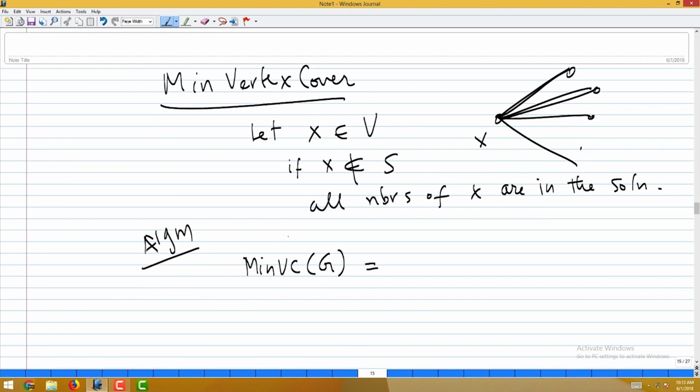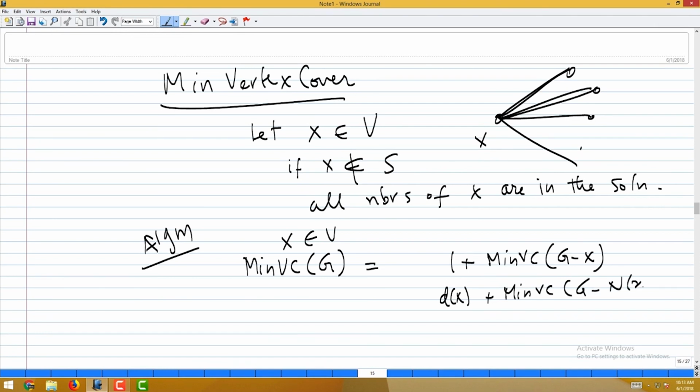Minimum vertex cover of g is equal to, where x is some non-isolated vertex, 1 plus minimum vertex cover of g minus x, or degree of x plus minimum vertex cover of g minus the neighborhood of x. I have to write some more to complete it. What do I have to do? These are 2 quantities, so take the minimum of the 2.